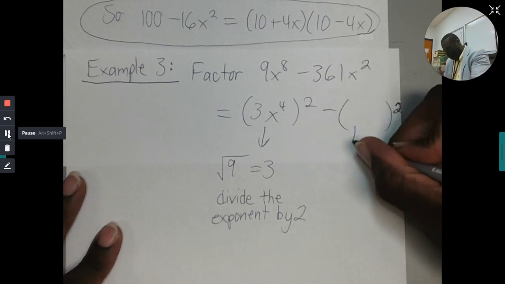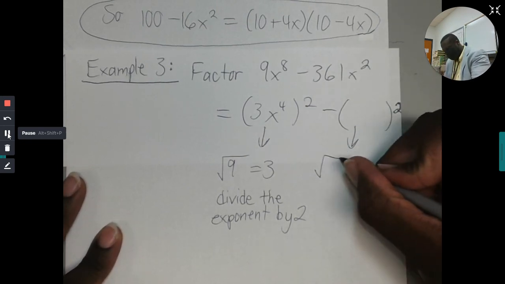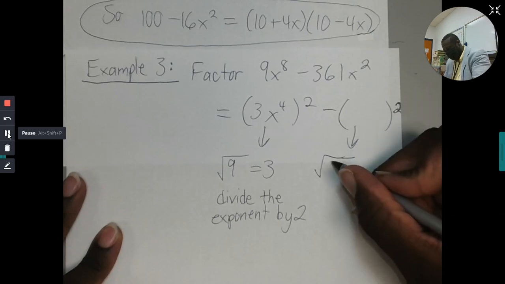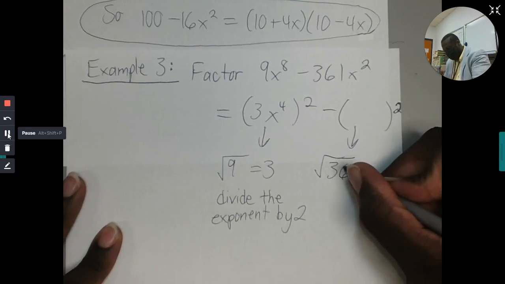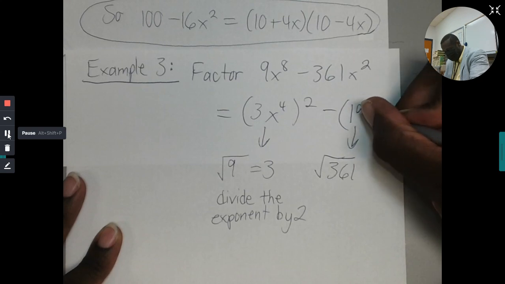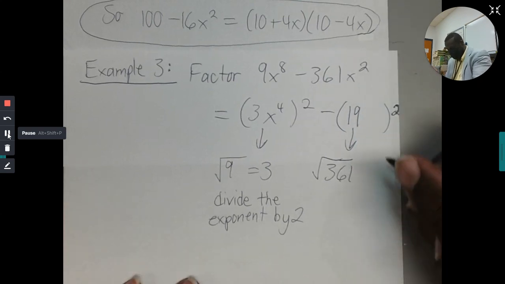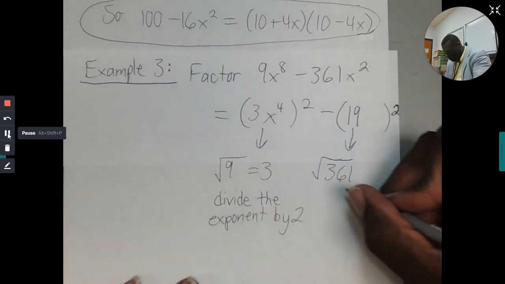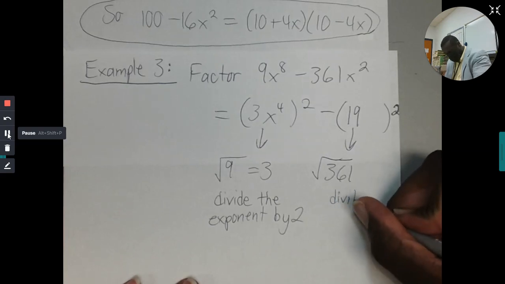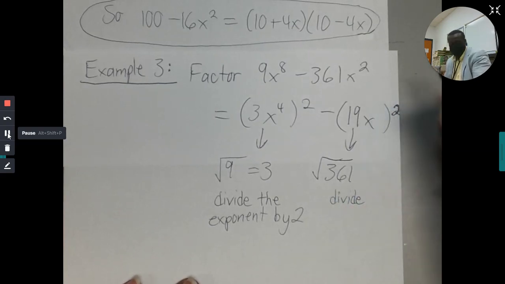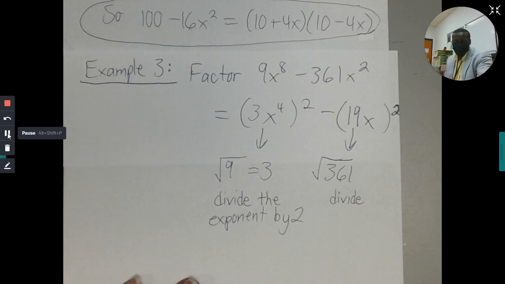And then for the other one, take the square root of that constant number, the square root of 361, that gives you 19. And then of course you divide the exponent by 2, which makes that x.